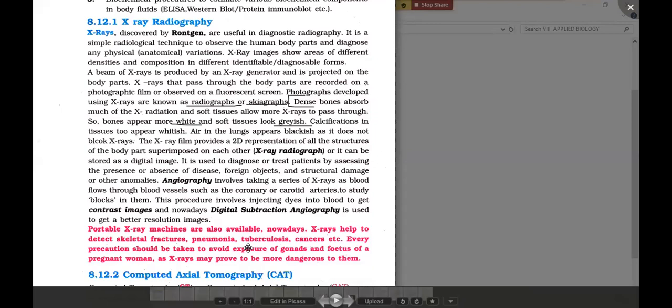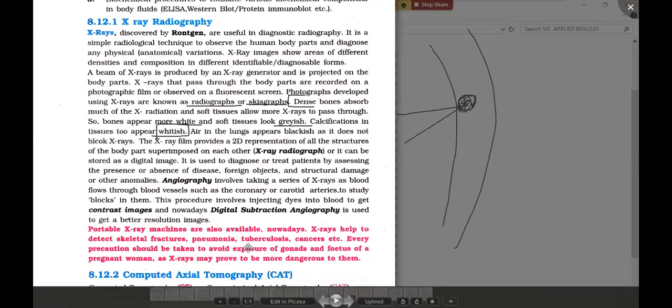In case of hyperparathyroidism, our soft tissues also go for calcification. Simply, let's say stones: in the ureter you need not expect any whitish part, but if you observe a whitish portion in the ureter, that is definitely a calcified form, which in normal language we call stones.